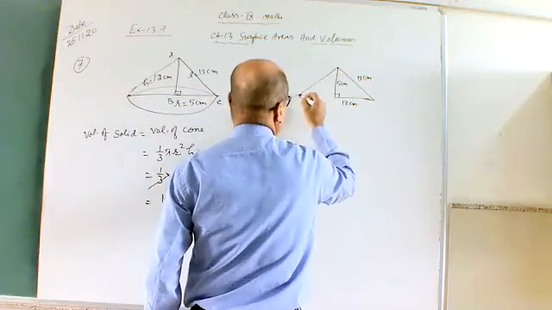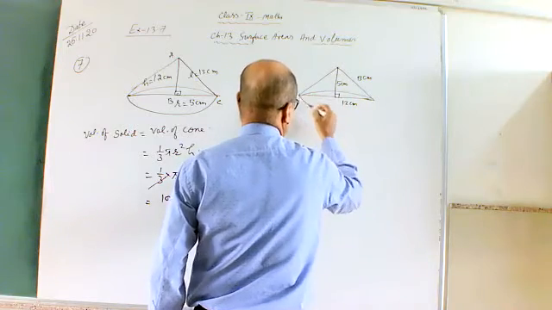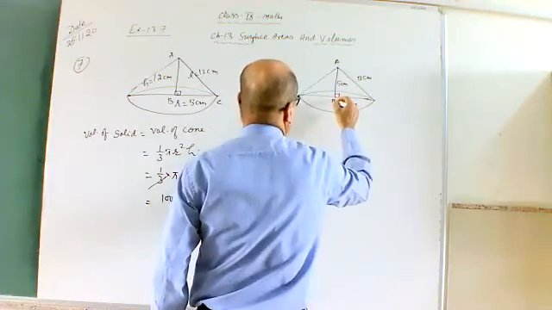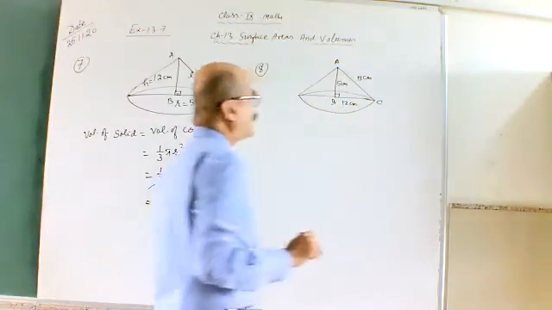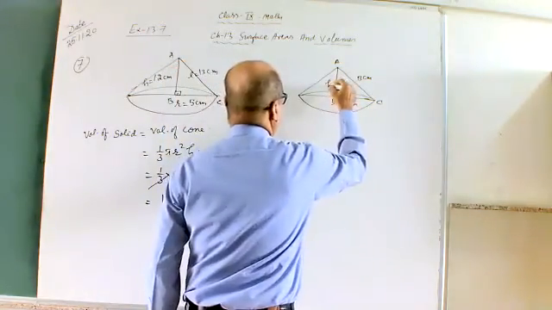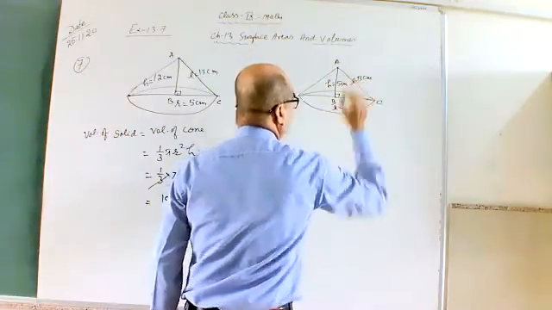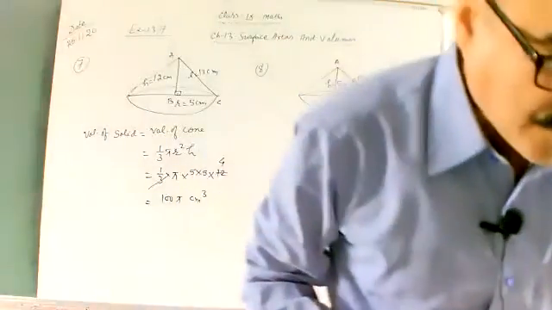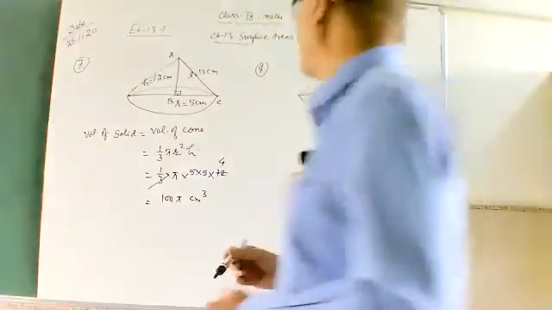When you rotate along 5 centimeter, this will also form a cone ABC, right? So again you need to find, now the height is 5, radius is 12, and slant height is 13. We need to find the volume of the solid so formed.